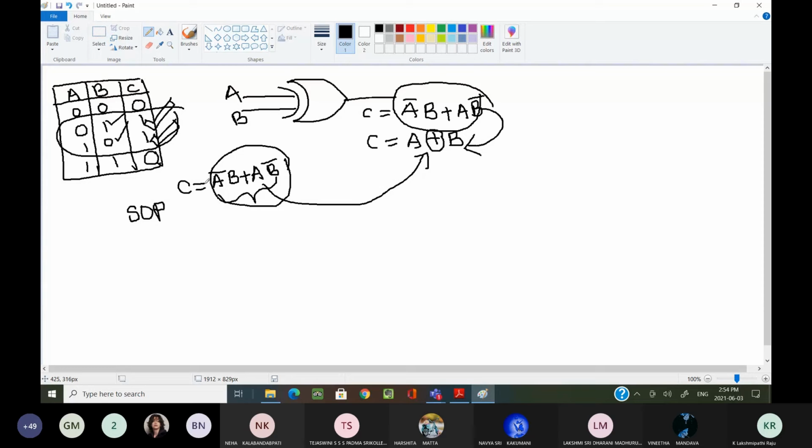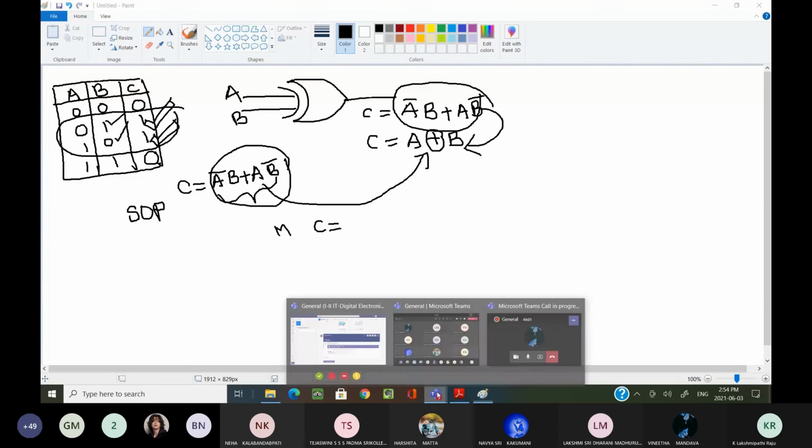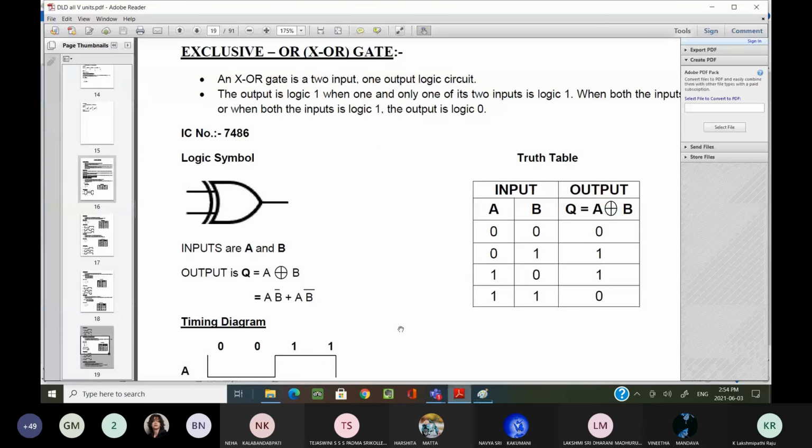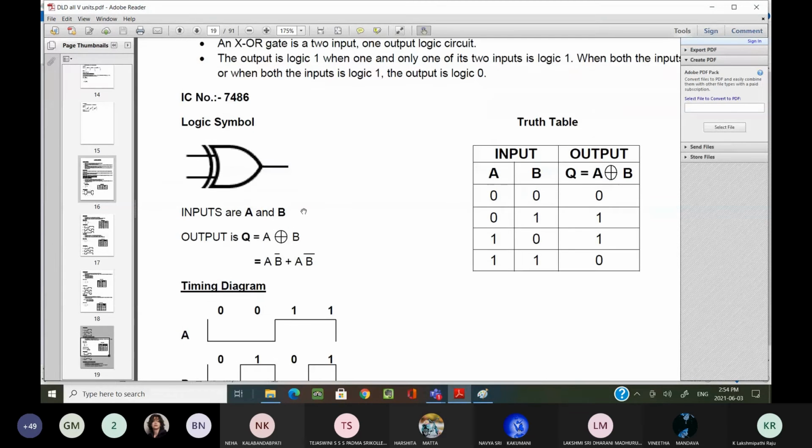If possible, we simplify, and after minimizing the expression, we write it as the logical expression for that particular gate. Actually, this is wrong: A bar B plus AB bar. Here the bar is above the A, not after A. That is the XOR gate.